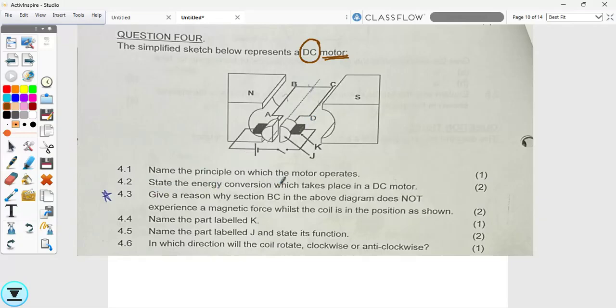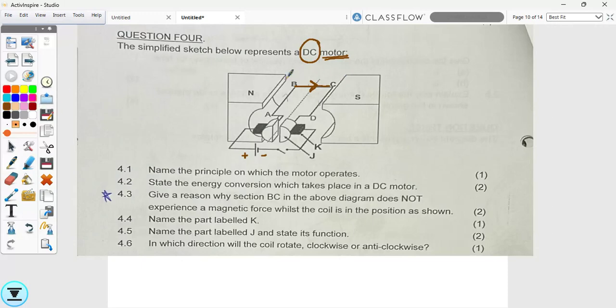Then give a reason why section BC does not experience a force while the coil is in the position shown. So if you are looking at BC here, the current is going, let me just get the direction right. Okay, so from the battery, this is my positive and this is my negative. So the current's coming here, here, here, here. And in that one there, the current is going in that direction.